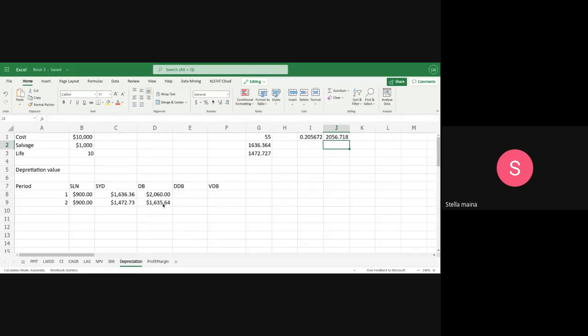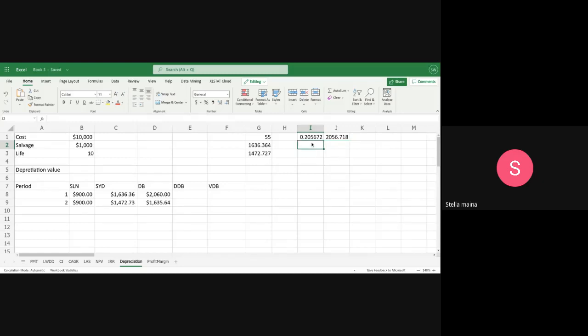Because of rounding off, that's why we get this value, but you can see the value is almost the same. We rounded off the 5 to 6. That's why we're getting 20.6. I hope that becomes clear.